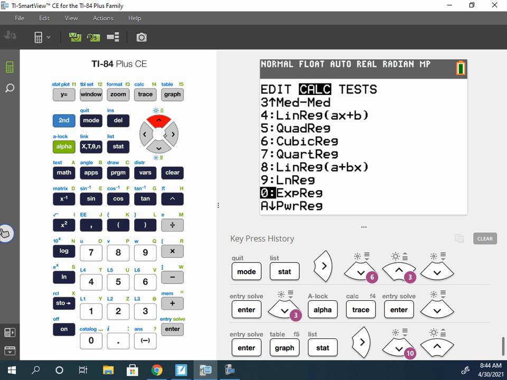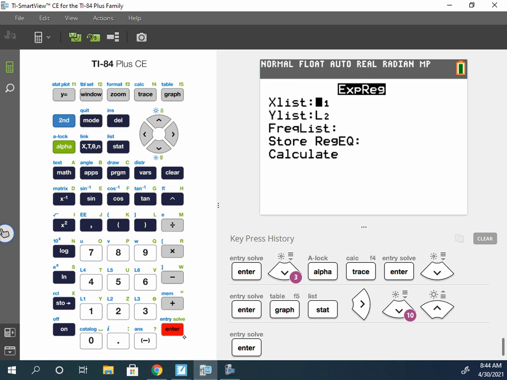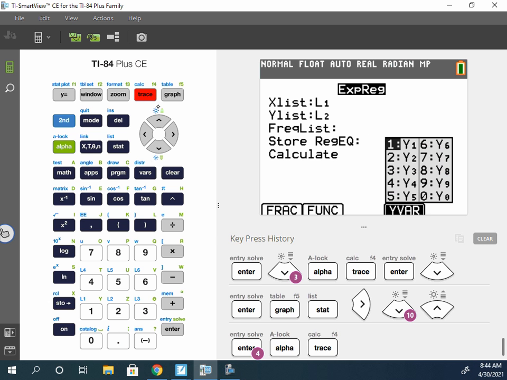Has everybody found this? EXP? Once you find it, go on and hit enter. Exponential regression. So L1, L2, don't care about frequency. I'm going to go alpha, trace, and this time I'm going to scroll down to Y2 because Y1 already has the quadratic equation, so I'm going to put it in Y2 to give us the exponential.